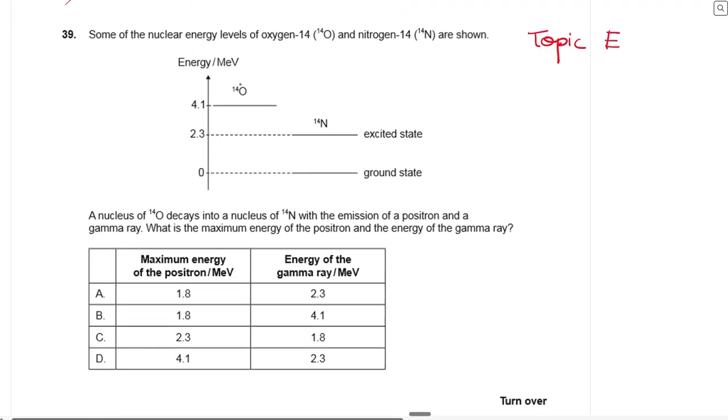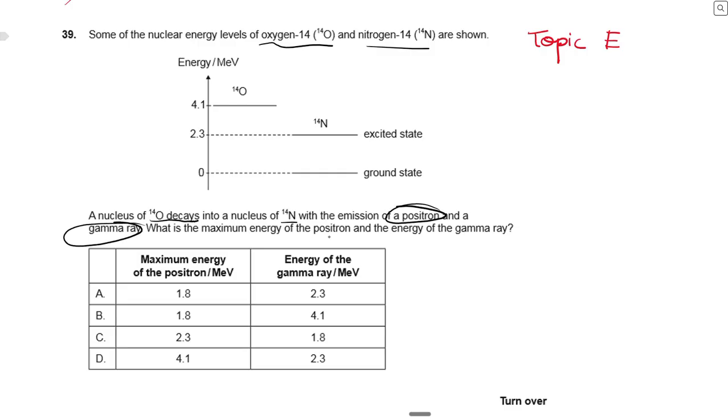Let's move on to 39. Some of the nuclear energy levels of oxygen 14 and nitrogen 14 are shown. A nucleus of oxygen 14 decays into a nucleus of nitrogen 14 with the emission of a positron and a gamma ray. What is the maximum energy of the positron and the energy of the gamma ray? Our positron, which is beta plus, is emitted, and we have a neutrino.